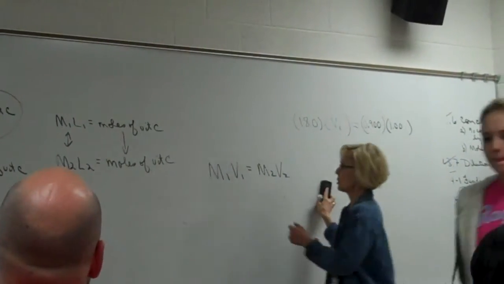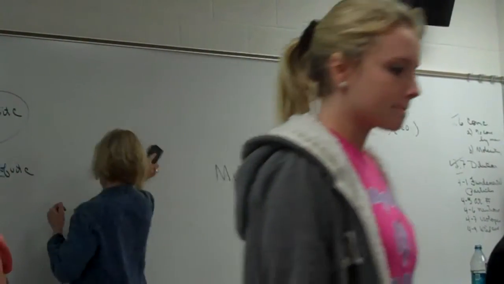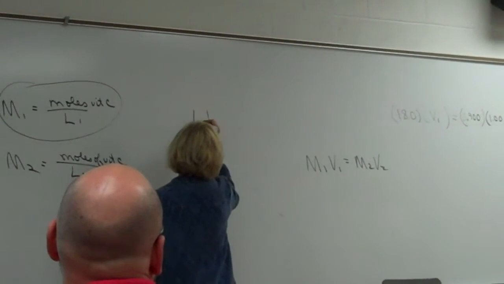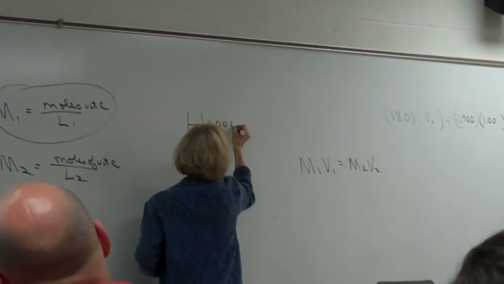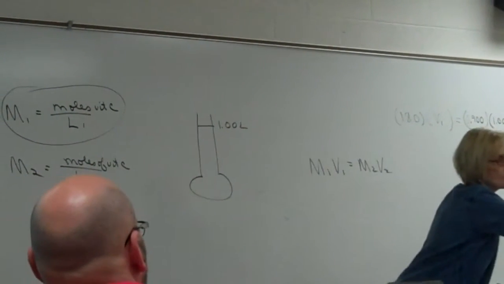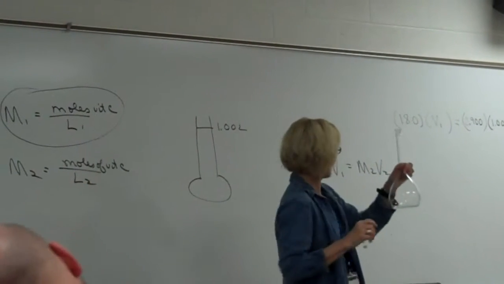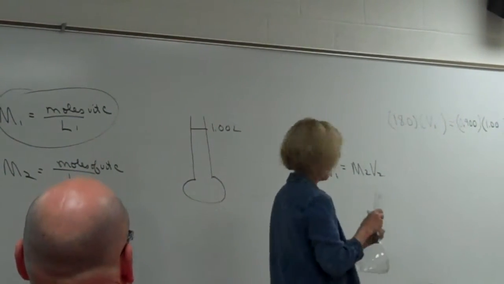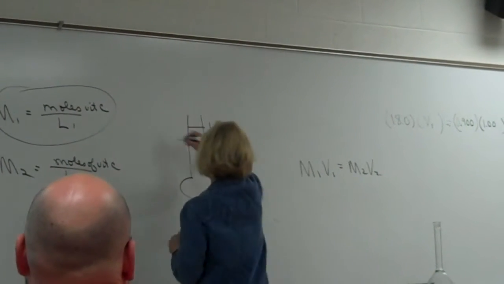Let me show you what a practical problem this is. This is the 1 liter volumetric flask, just like this. I want to end up with a liter, so this is what I would use.